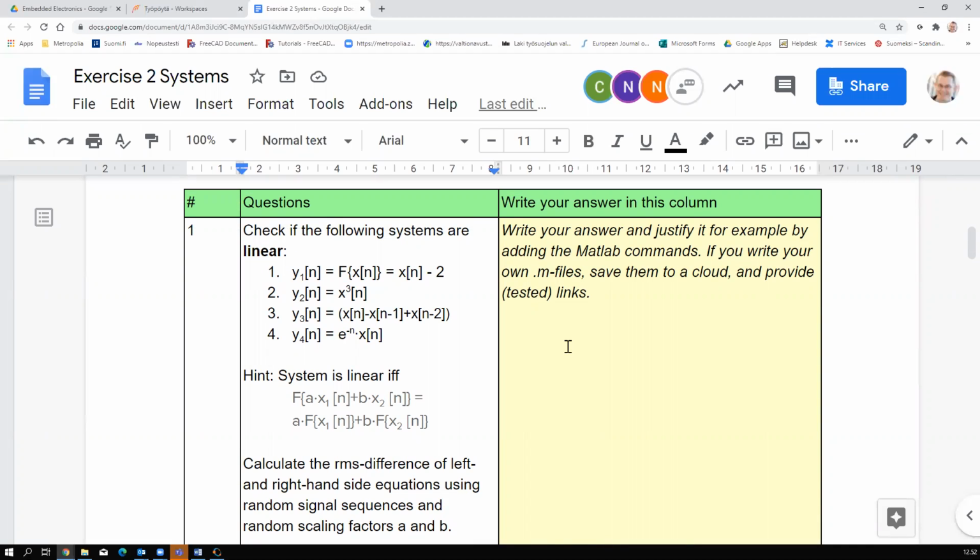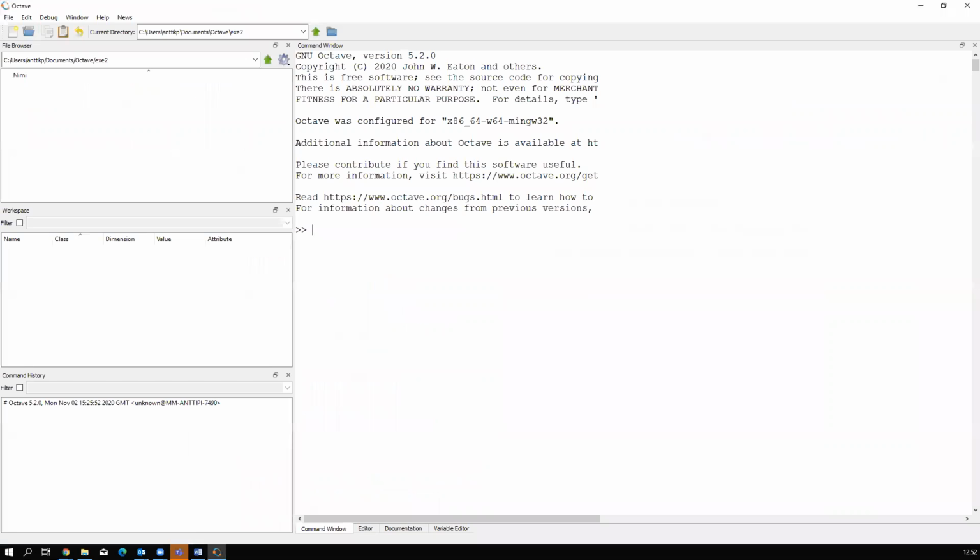All right, let me first go through how to check if the system is linear in Octave. I'll show you by describing a system as a function.